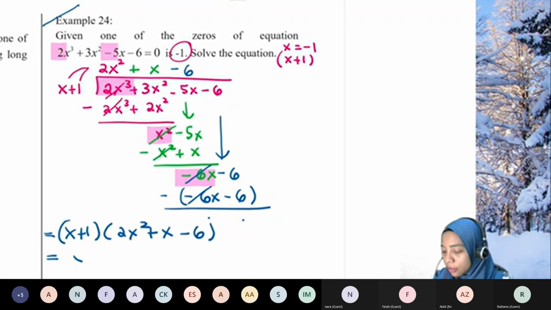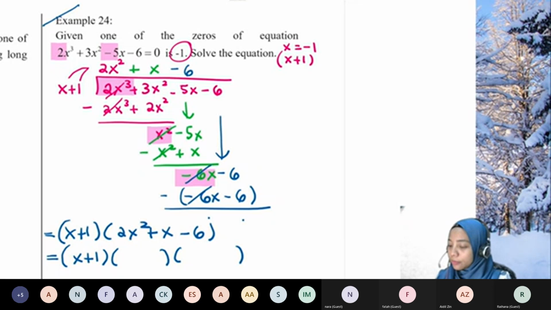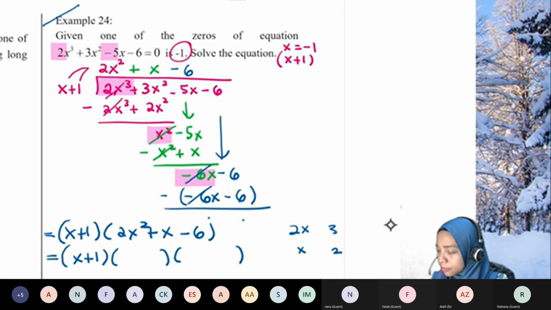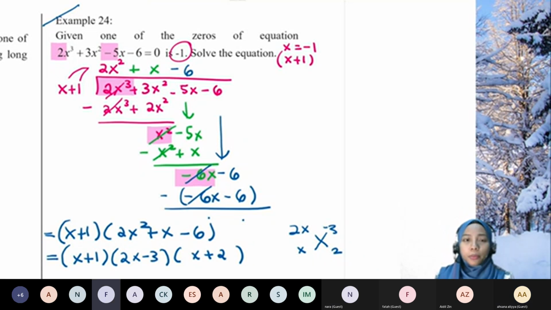Okay. Tolong factor dapat apa? 2x minus 3, x plus 2.